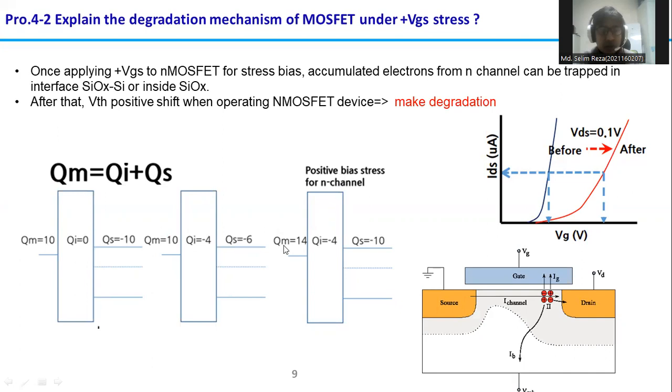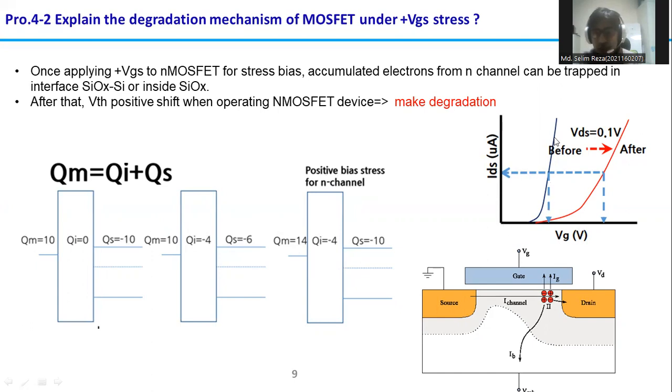So if we want to get the same performance as the initial position, we need to apply the positive bias stress for the n channel. If we apply 14 here, we will get the same performance as the initial state. You can follow this graph of IDS versus VGS.